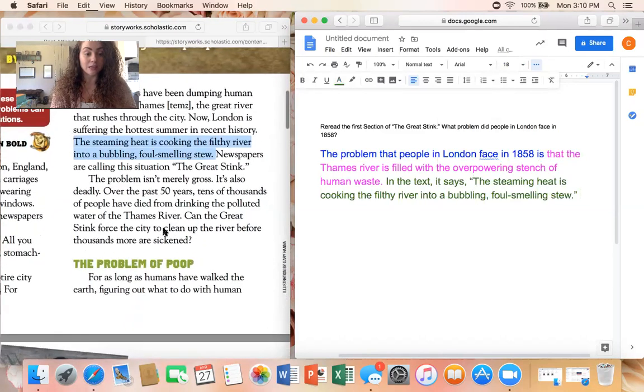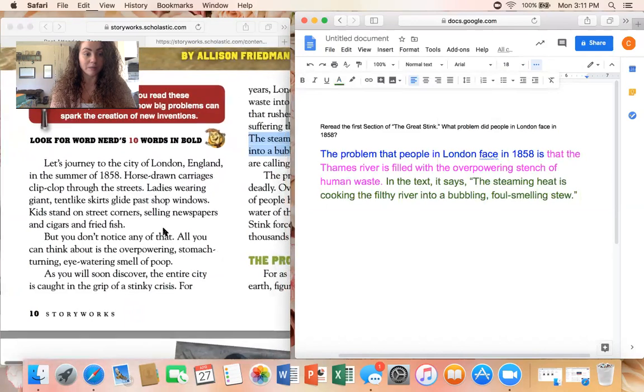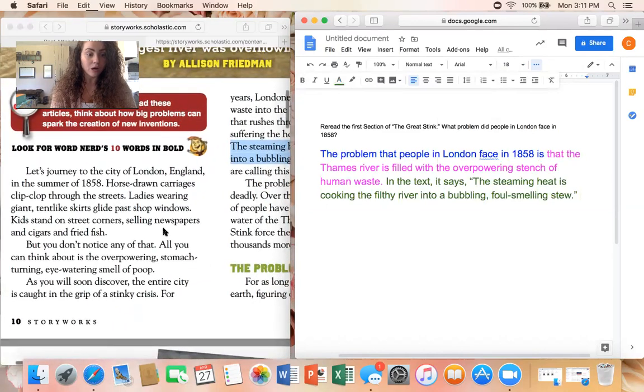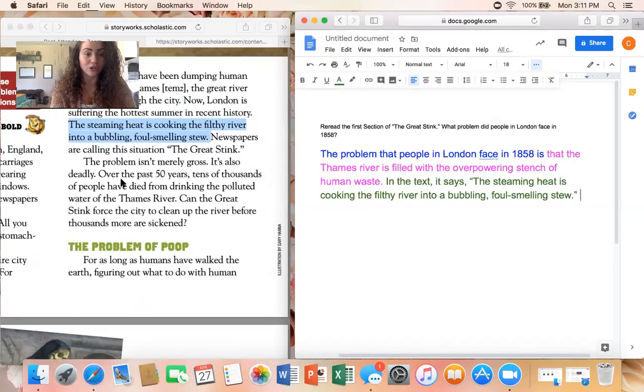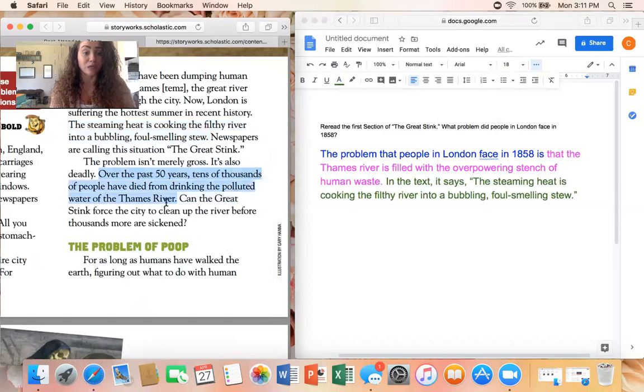My second detail now is going to be, and I'm going to look at my page number here. I'm on page 10, and I'm actually going to use this sentence right here. Over the last 50 years, tens of thousands of people have died from drinking the polluted water. So I'm going to shorten it up a little bit, but I'm going to use that sentence.